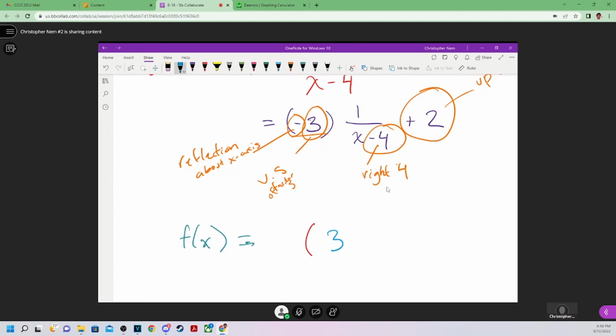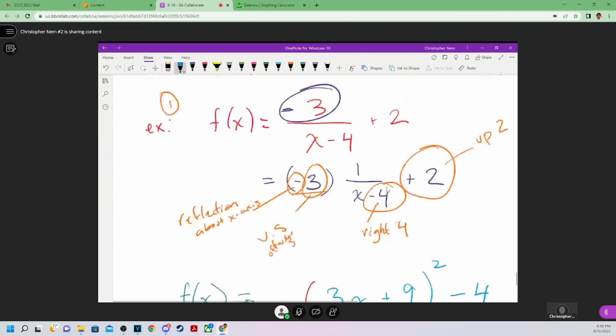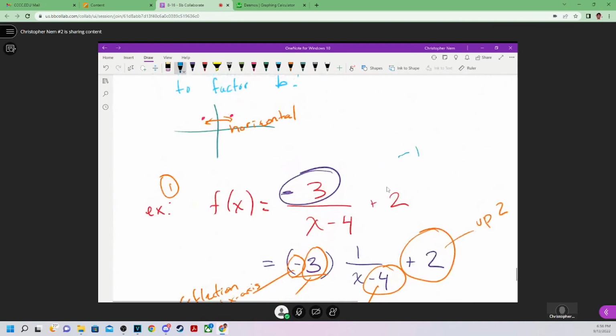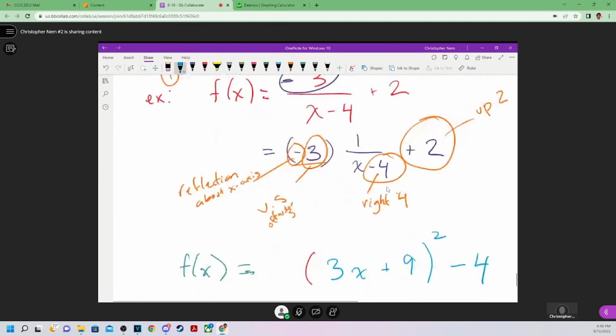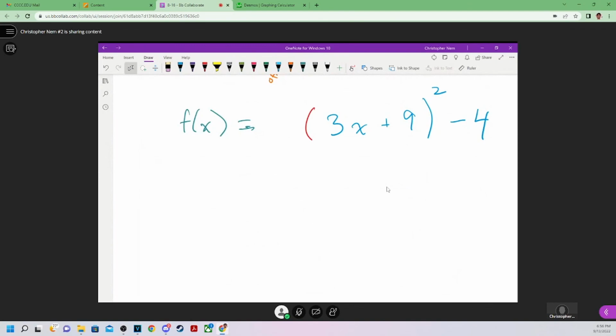Let's do 3x plus 9 squared minus 4. Let's say we take the parent graph being the quadratic. Parent is y equals x squared. Let's take this to be our parent graph.